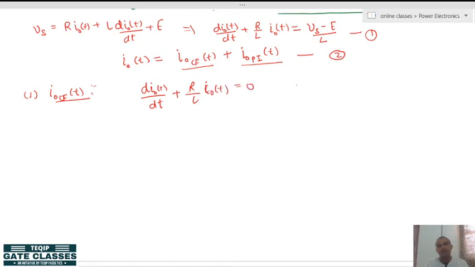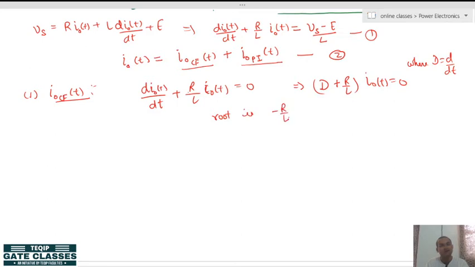We can write this as (D plus R by L) I naught(t) equal to 0, where D means d by dt. You have studied this in maths. We have only a single root.